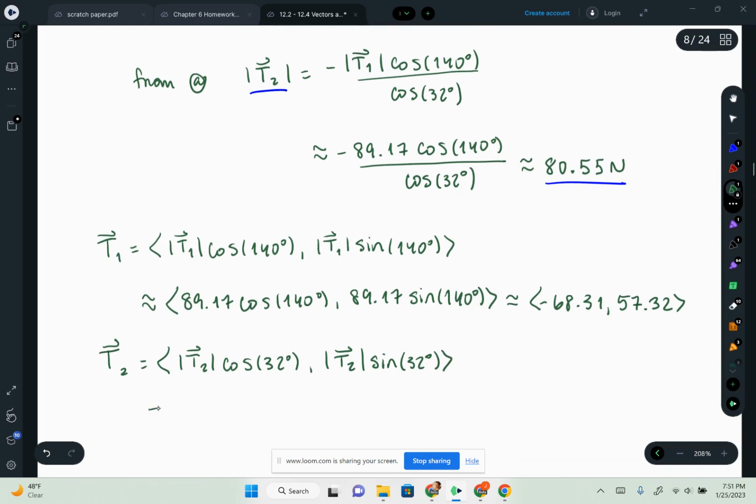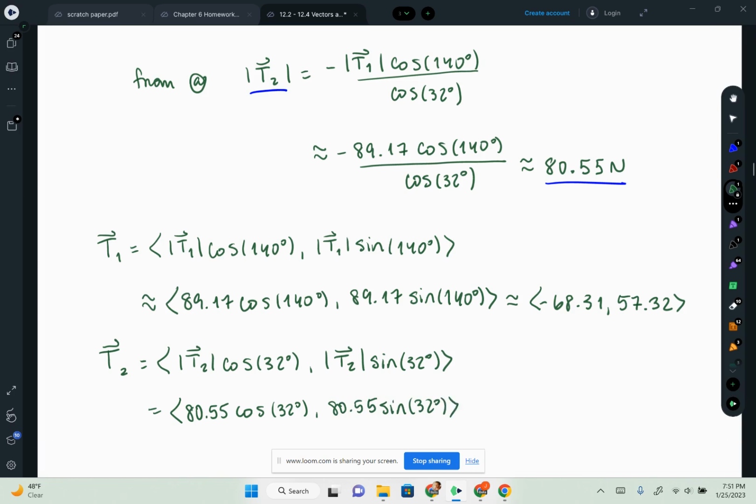And T2 we have up here is 80.55, so we have 80.55 cosine of 32 degrees and 80.55 times the sine of 32 degrees. Again, put this in my calculator. My x component is approximately 68.31, and my y component, 80.55 times sine of 32 degrees, is going to give me approximately 42.68.